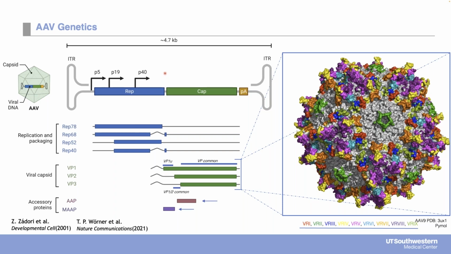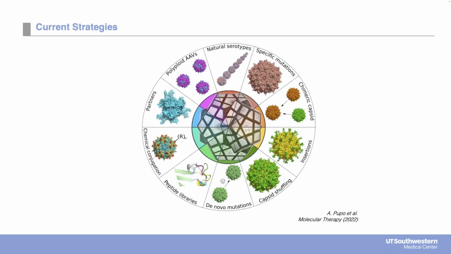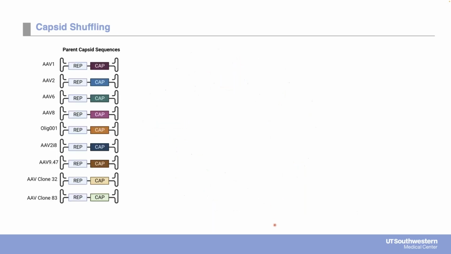And just as a reference point, cap, the gene, is about 2.2 kilobases in size, and therefore this is one major hurdle that groups have struggled with just to try and mutate and identify these engineered capsids in a high throughput fashion. And so in the Gray Lab, what we've been able to do is generate highly diverse capsid libraries, starting with capsid shuffling, which is what the paper really focuses on.